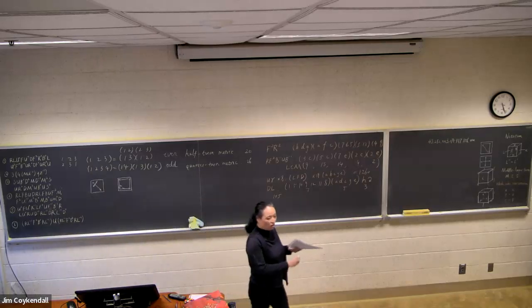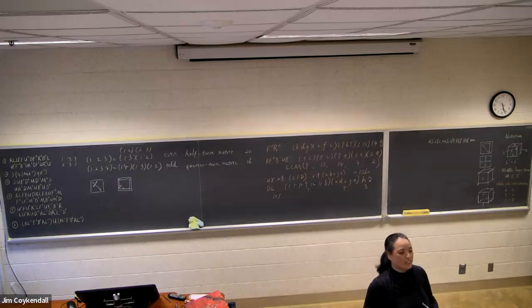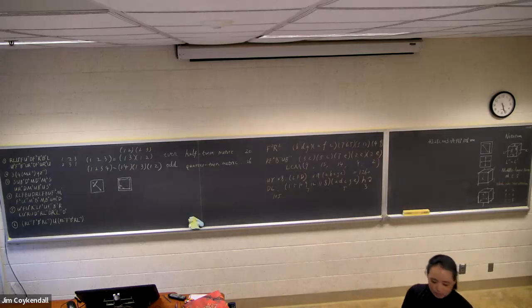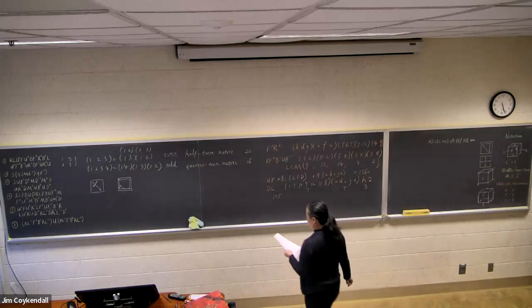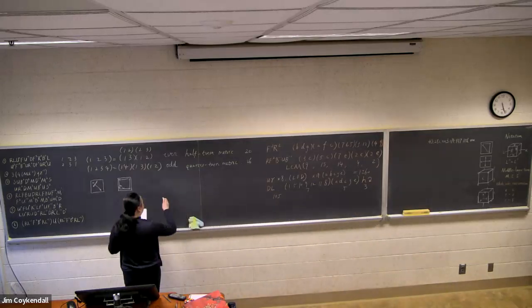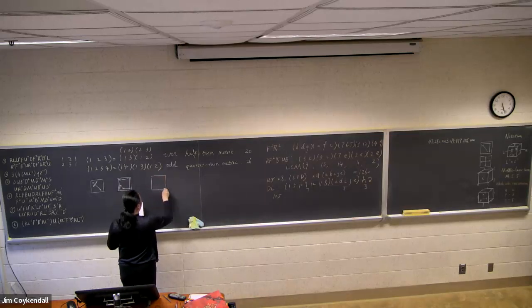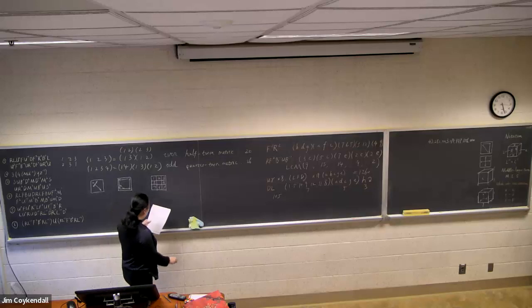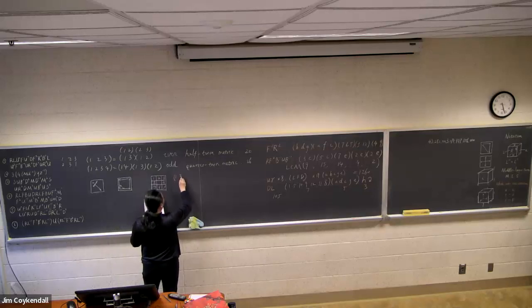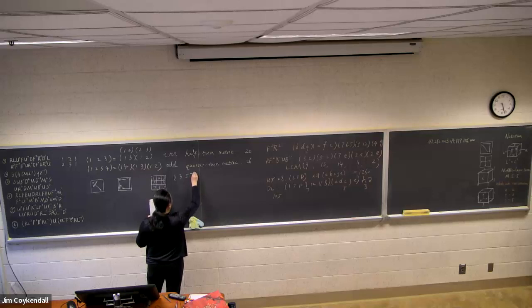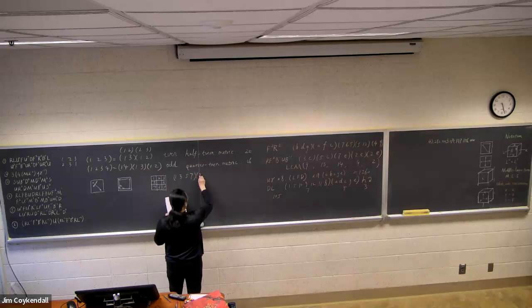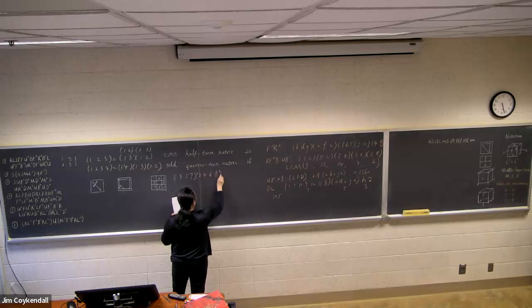Now it turns out that all the configurations you can get are even permutations. Why? Because each turn you make, whatever turn you make, if we number the edges and corners, what happens is 1 goes to 3, 3 goes to 5, 5 goes to 7, and 2 goes to 4, 4 goes to 6, 6 goes to 8, right?